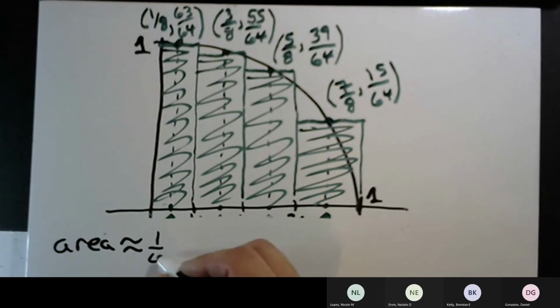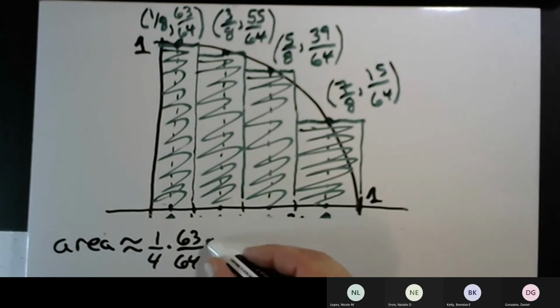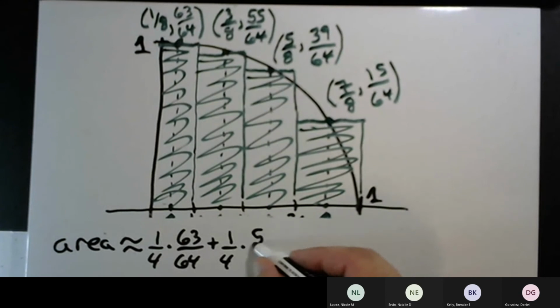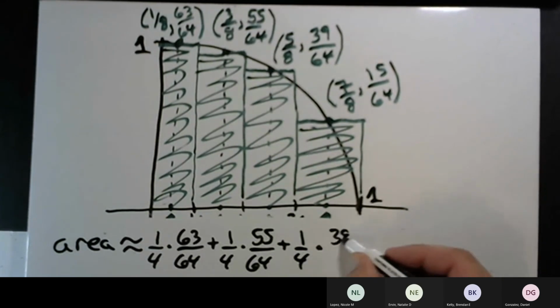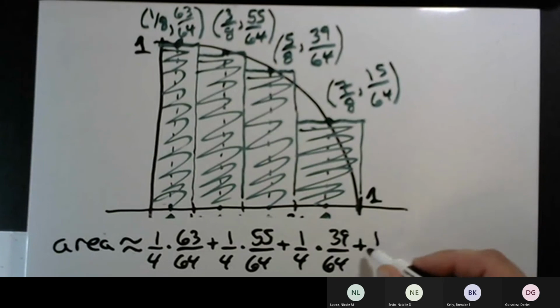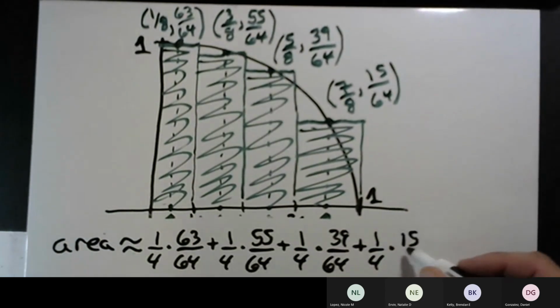We get 1/4 times 63 over 64 plus 1/4 times 55 over 64 plus 1/4 times 39 over 64 plus 1/4. Again, base times height is what I'm doing.